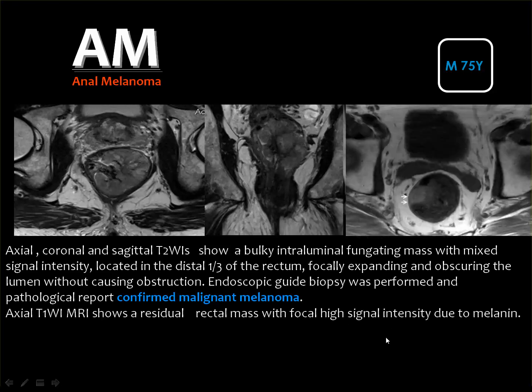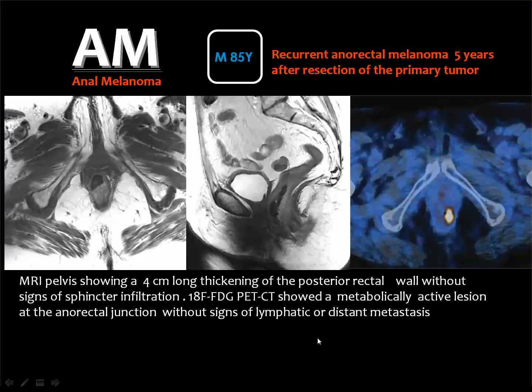But as you see here, if the tumor has an area of high signal in the T1 weighted image, this could be due to melanin. You may suspect the possibility, but you know that many of these tumors may bleed either before or after biopsy, and the bleeding will have a similar appearance.